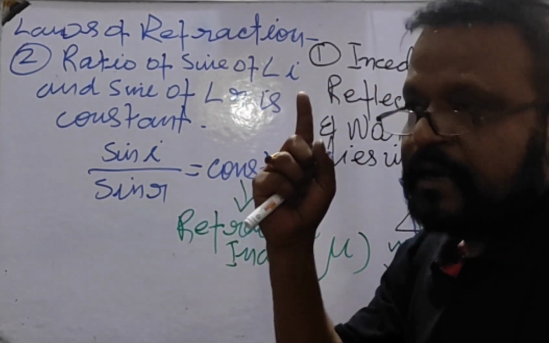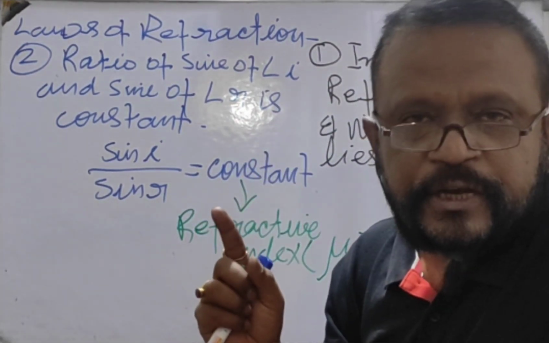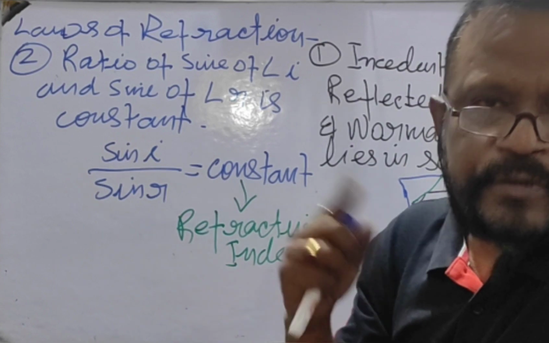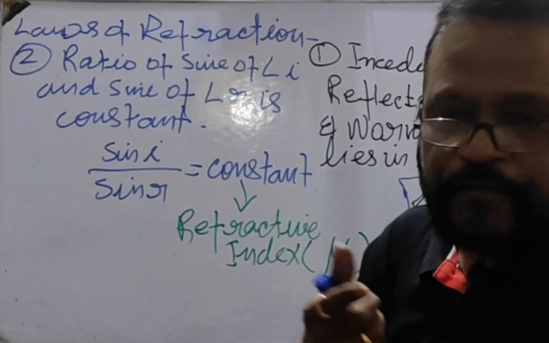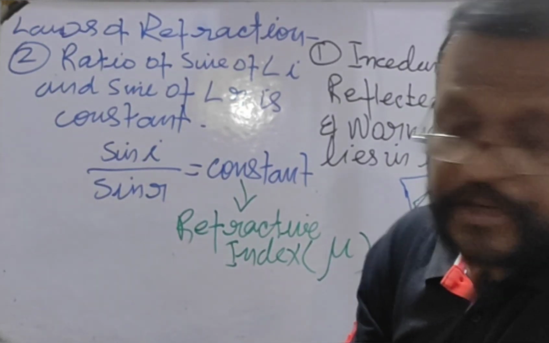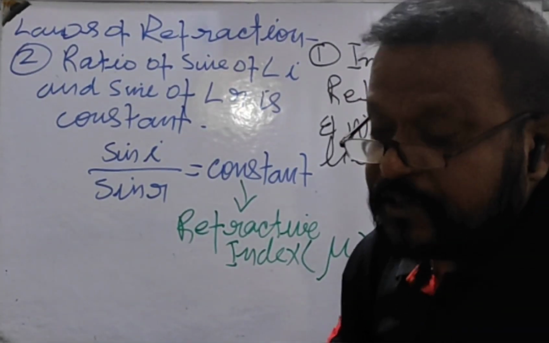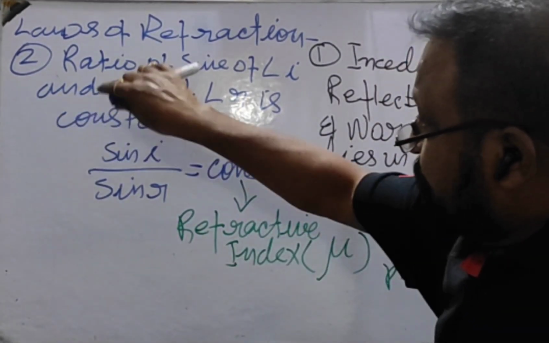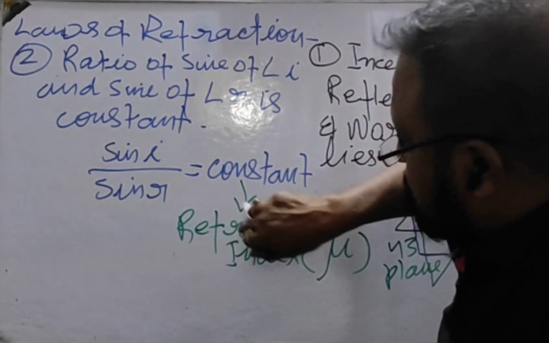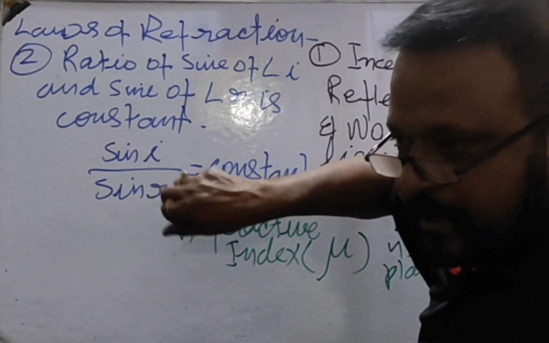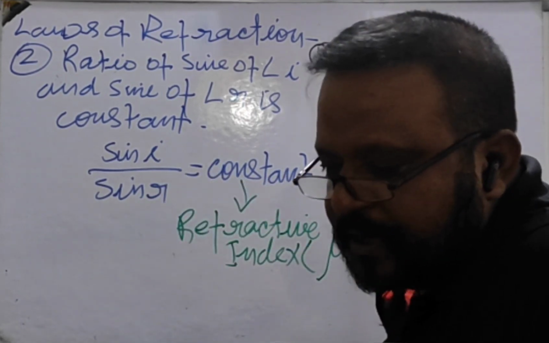You know, in reflection, sine i is equal to sine r, right? Angle of incidence is equal to angle of reflection. But here in refraction, sine of incidence and sine of refraction are in a ratio, and their ratio is constant in a medium.